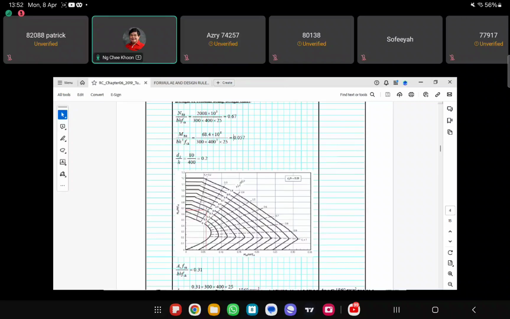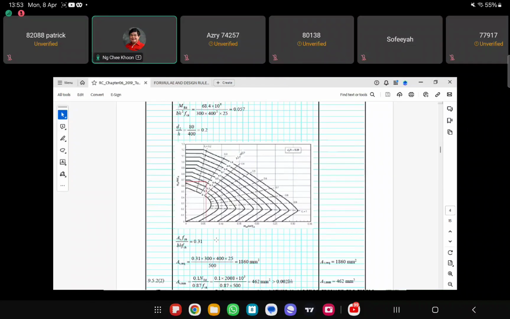So this point here is referring to the line of 0.31 or 0.32. It's nearer to 0.3, it's far from 0.4. So you just estimate what the decimal points are here. From my estimation, it is 0.31. Maybe you say it's 0.32. So that depends on your own estimation using your own eyes.